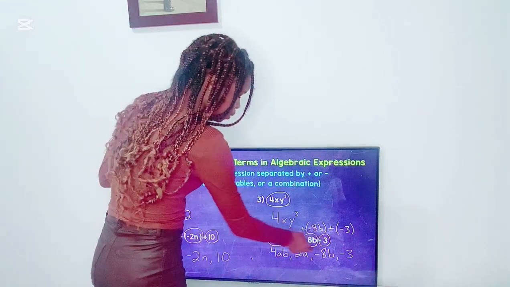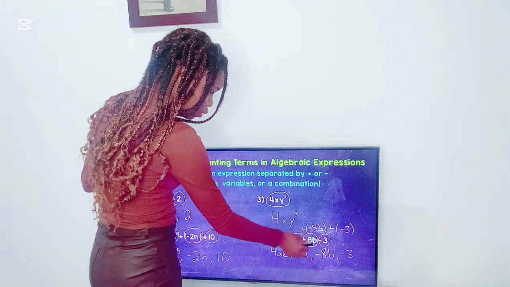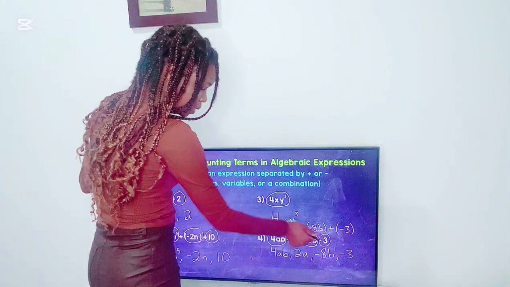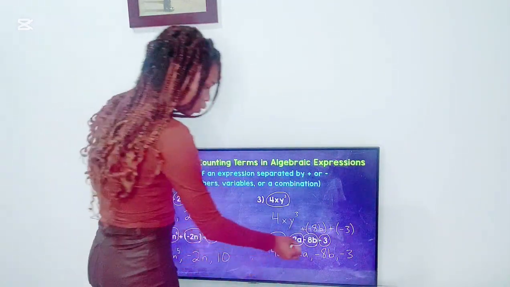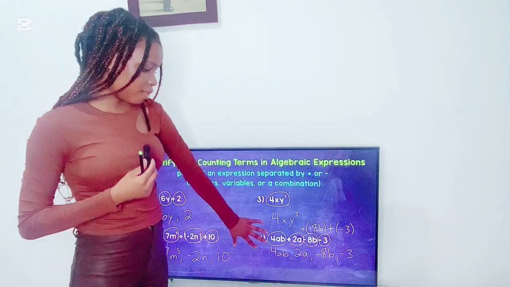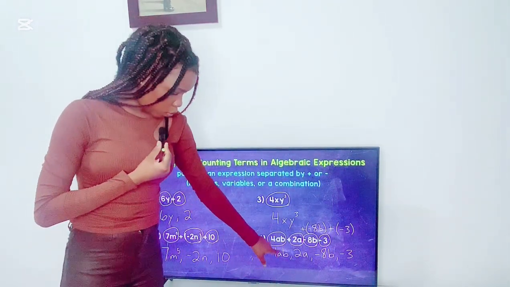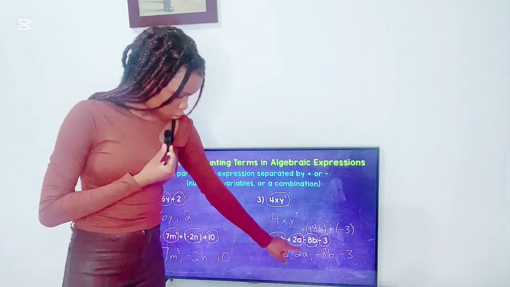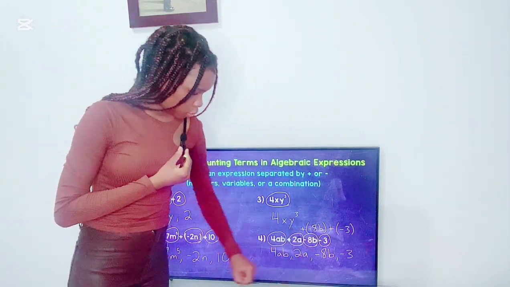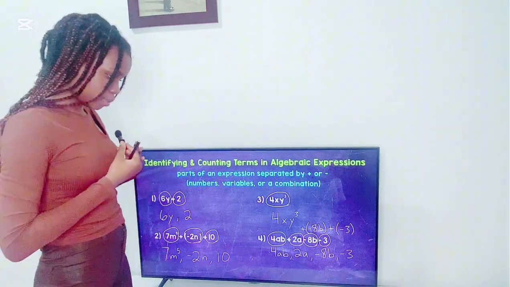So whenever you see it written like this, before a variable, it is going to be a negative. So always remember to put the negative sign here. So now we have how many terms again? Let's see, 1, 2, 3, 4. We have 4 terms.